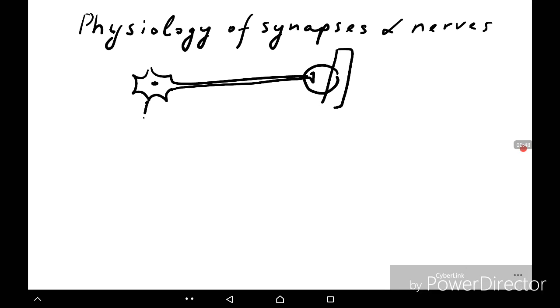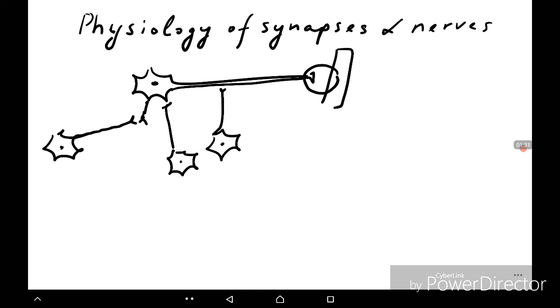For example, between one neuron's axon and another neuron's dendrite, an axodendritic synapse, or between an axon of one neuron and an axon of another, or between an axon and the soma of another neuron, an axosomatic synapse here, for example, etc.